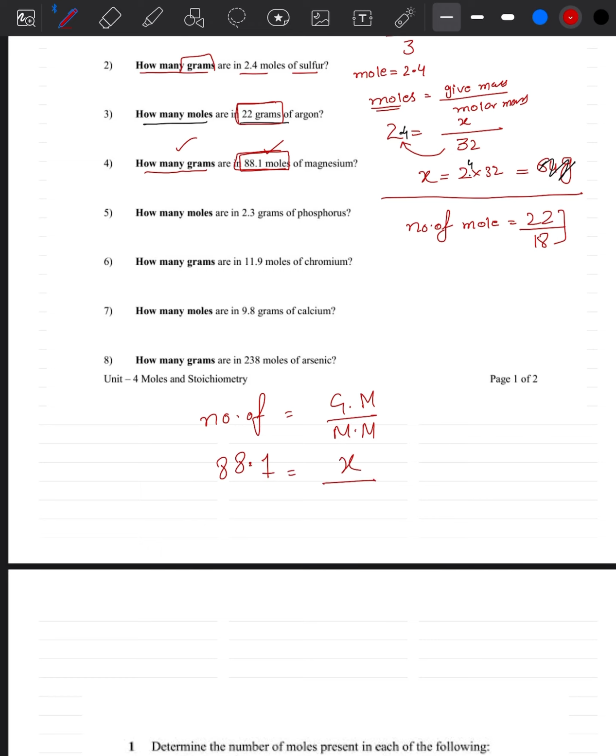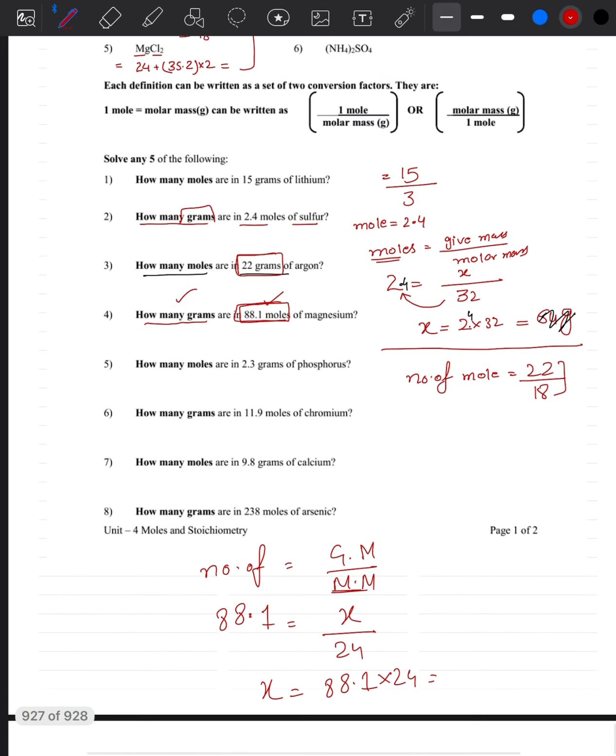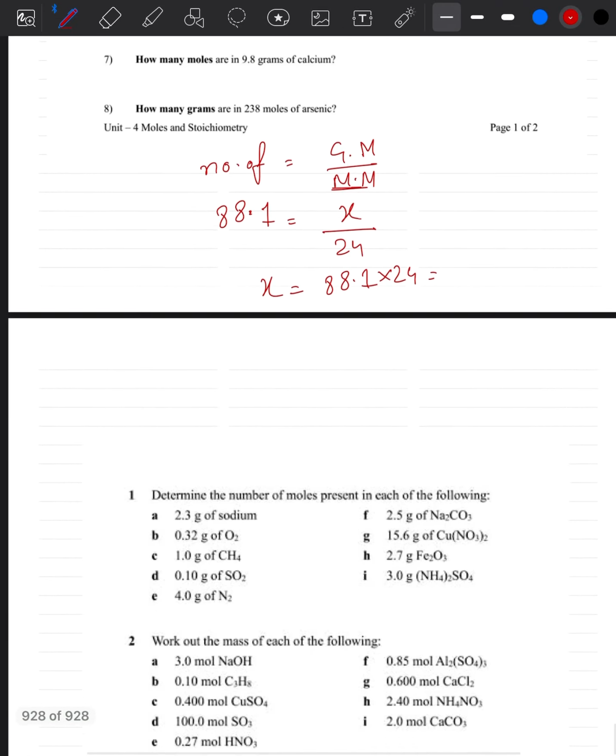We have to find the given mass, and the molar mass of magnesium is 24. So 88.1 into 24 will give us the mass of the magnesium which has 88.1 moles.